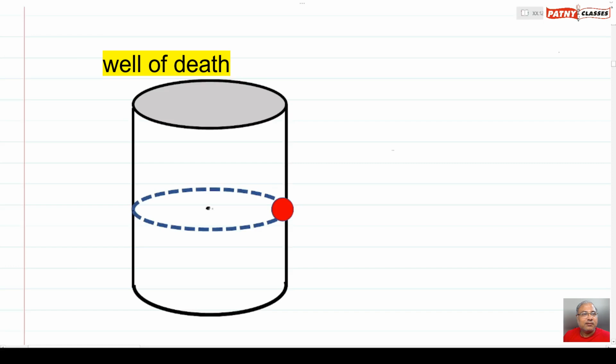Suppose this is the center of the circular path and this is the vehicle plus rider both together.